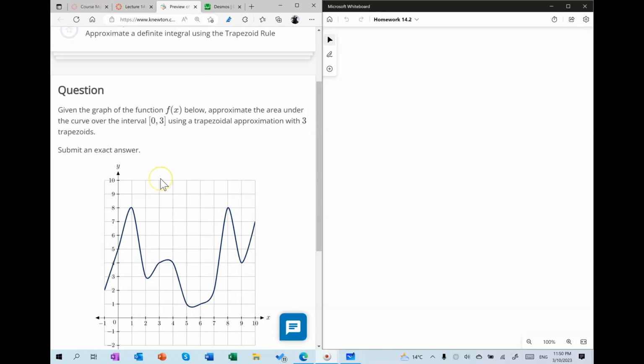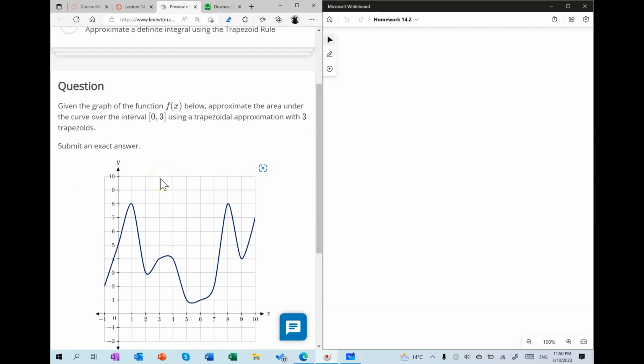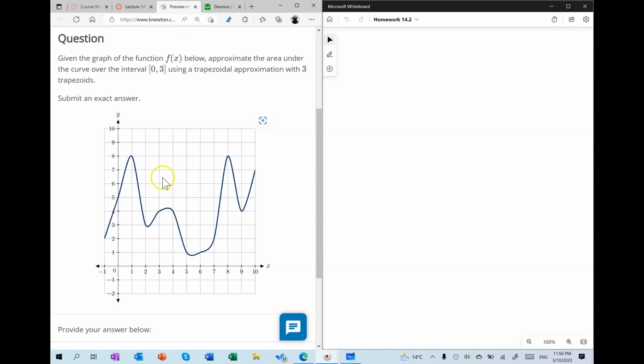The first question is asking us, for a given graph, to use trapezoidal approximation with n equals 3.